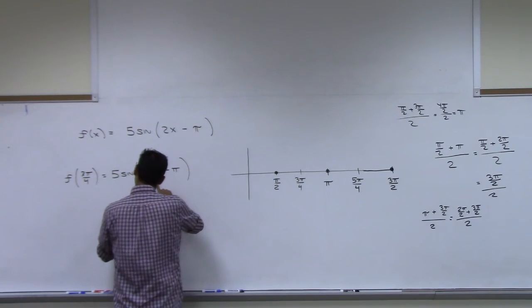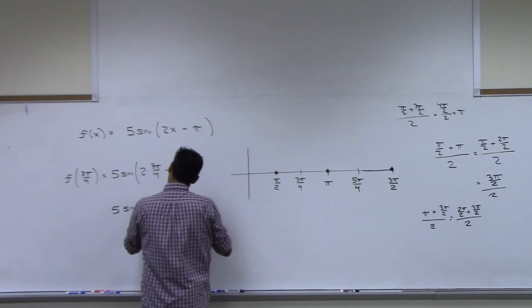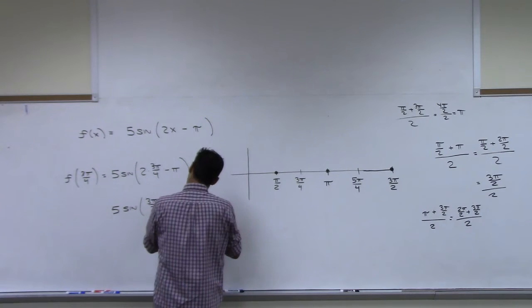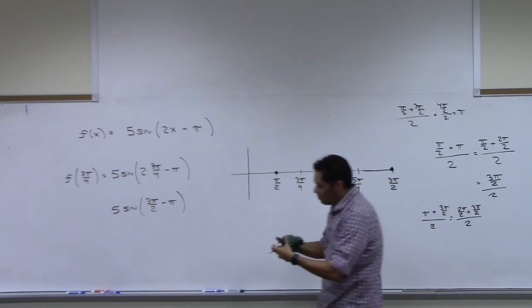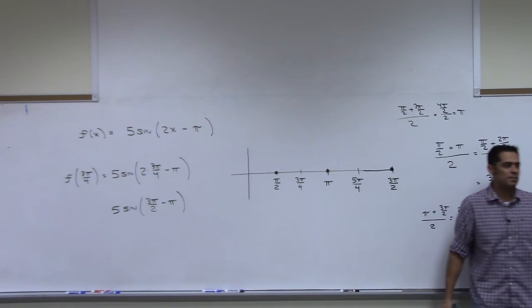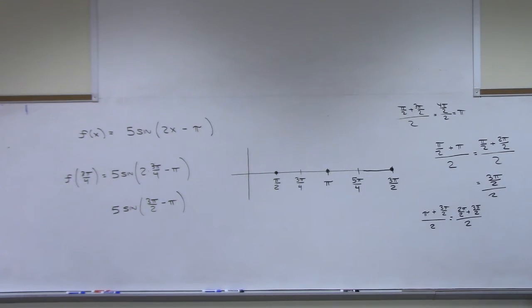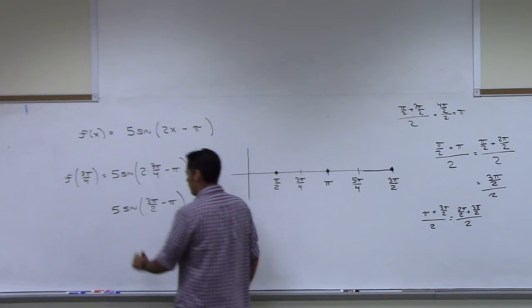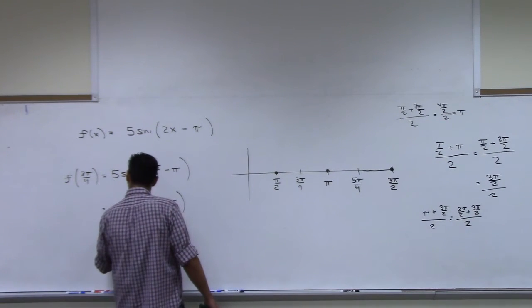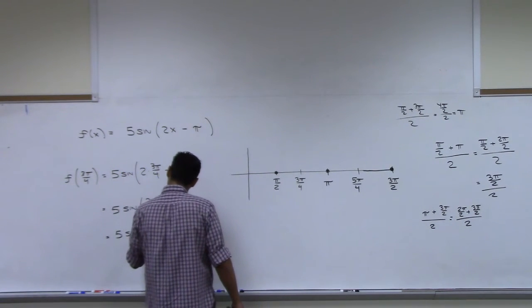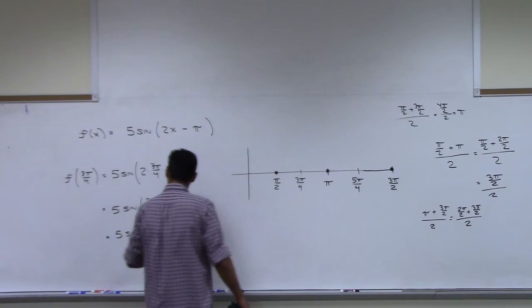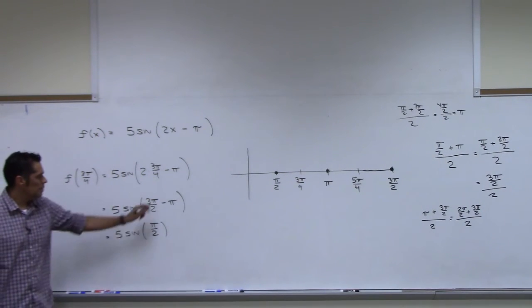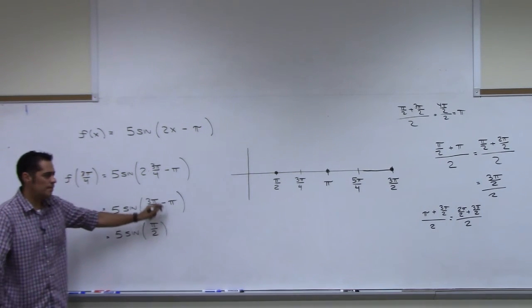So I have 5 sine of 3 pi over 2 minus pi. Put those together, right? 3 pi over 2 minus pi, you get a common denominator and subtract. You just get pi over 2. Common denominator, 2, 2 on top, bottom.